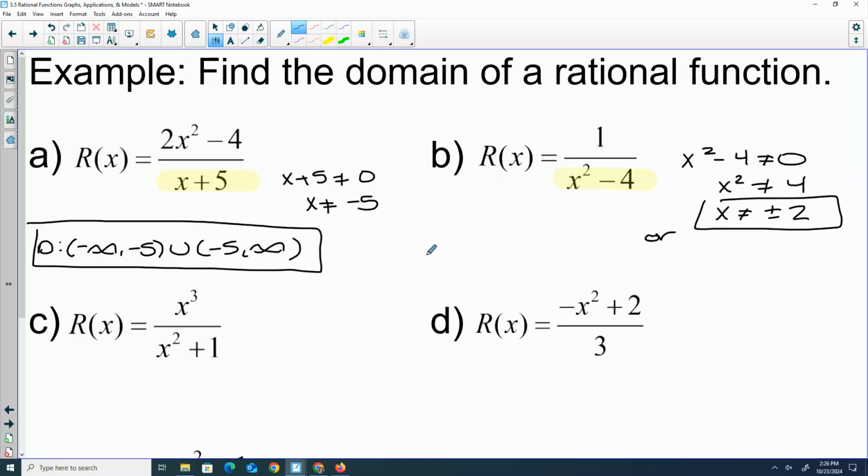Or if you want to really impress me, you can go ahead and give me the interval. It'll be everything smaller than -2, everything between -2 and 2, and everything bigger than 2. But that interval notation does get a little cumbersome when you have multiple things that x can't be. So if it's more than one, you list.